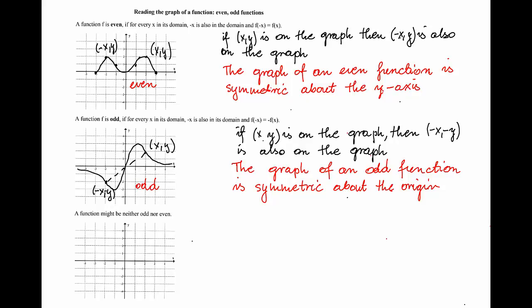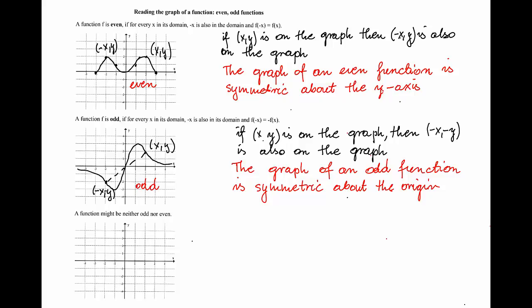Obviously, we can draw many functions, many graphs. Some of them might be symmetric with respect to the y-axis, some of them might be symmetric with respect to the origin, but there are many that will not be symmetric with respect to the y-axis, nor with respect to the origin.